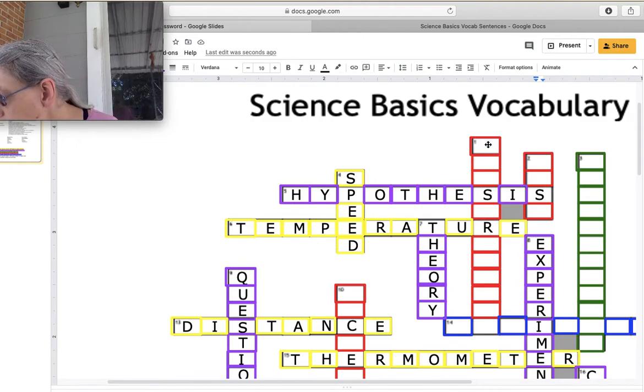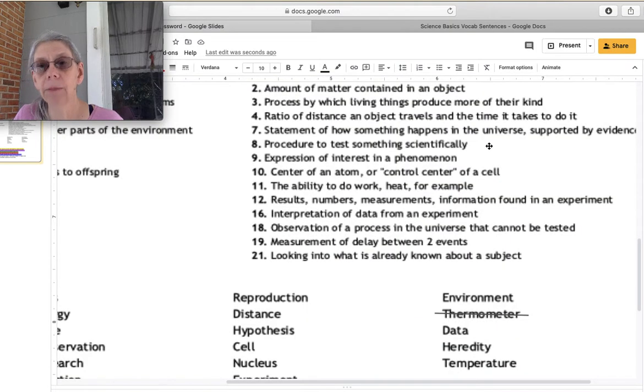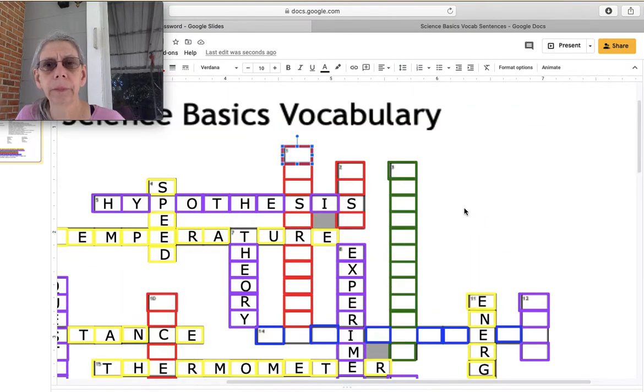1 down, maintaining the condition of an environment or neither creating nor destroying something. This comes up in chemistry with the conservation of matter, which is a law, or conservation of energy, conservation of mass, where what you're talking about can neither be created nor destroyed.